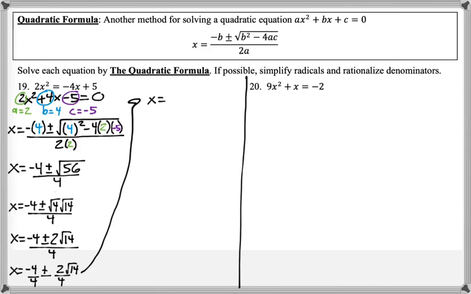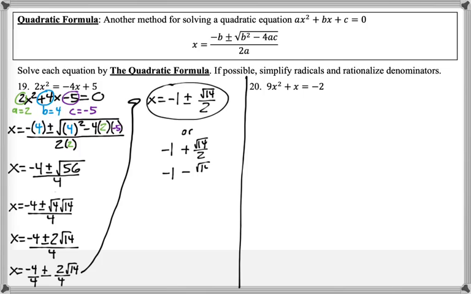So x is equal to negative 1 plus or minus the square root of 14 over 2. And if you want to write those as separate answers, you could. So that is your answer.